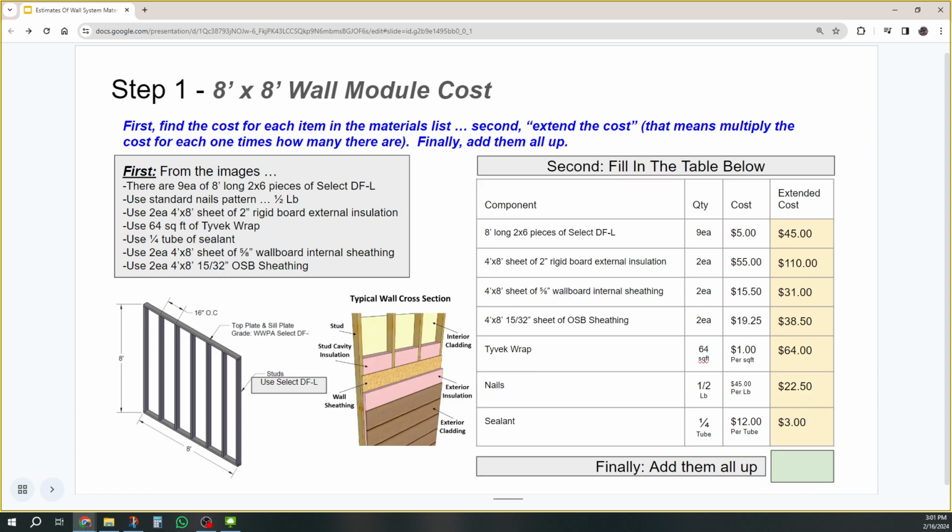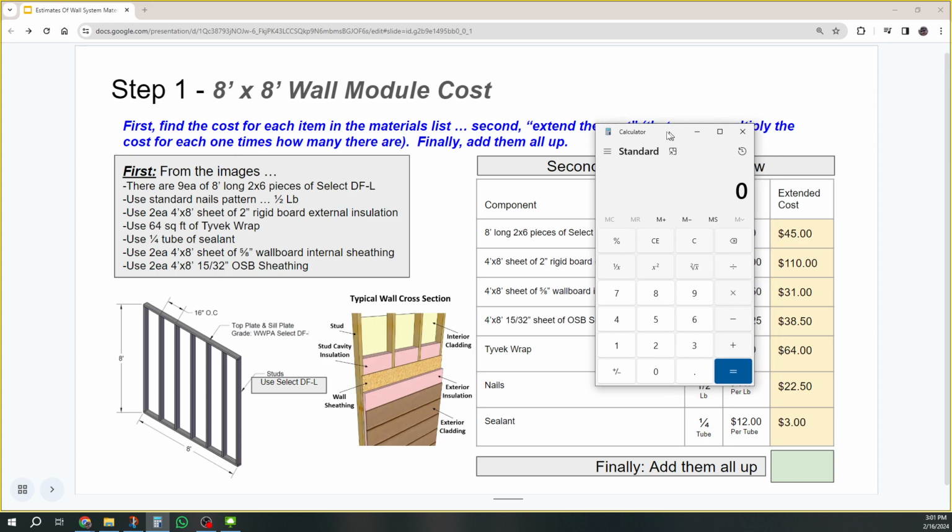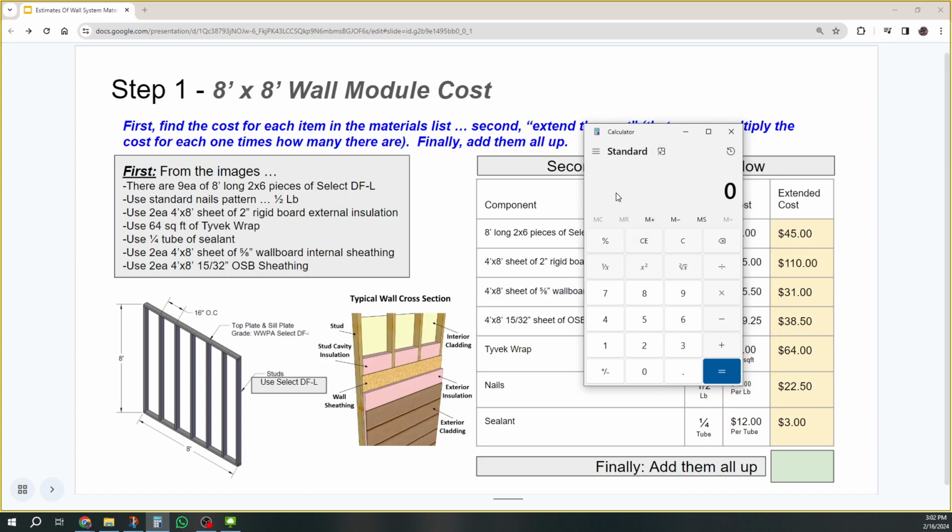Now I've got to add it all up. Whew, okay. Let me do some adding here. I've got 45 plus 110 plus 31 plus 38.5 plus 64 plus 22.5 plus 3, $314.